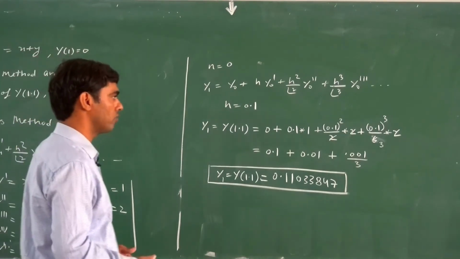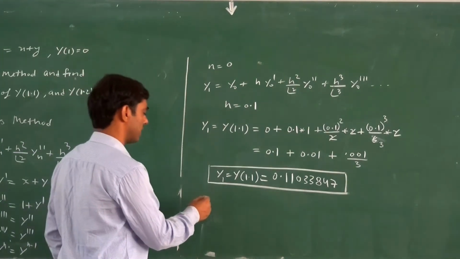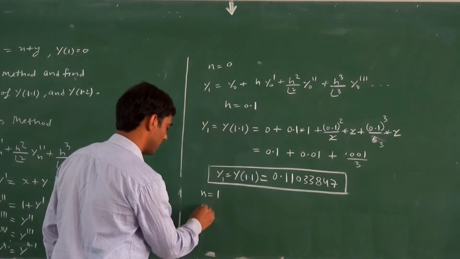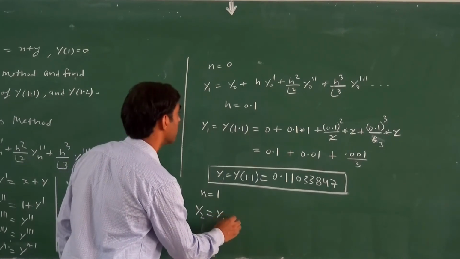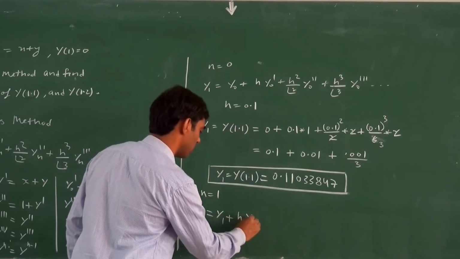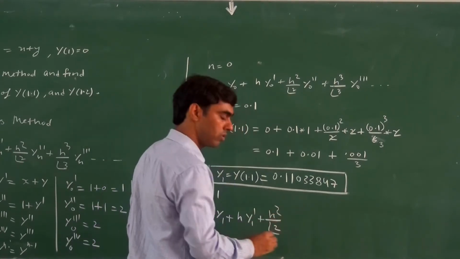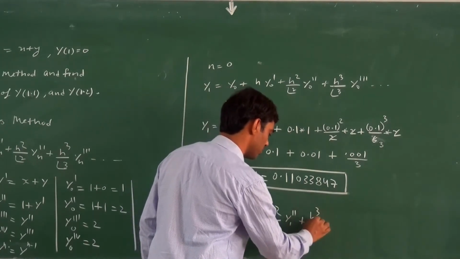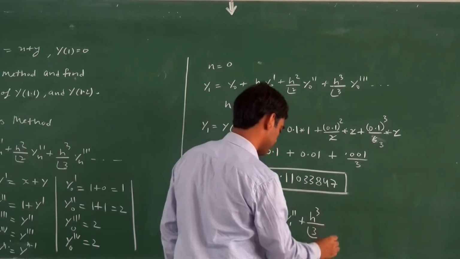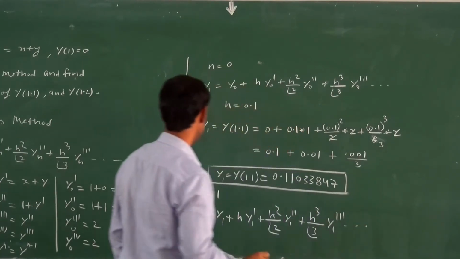Now to find the value of y1.2, we put n equal to 1. Then y2 equal y1 plus h y1 dash plus h square upon factorial 2 y1 double dash plus h cube upon factorial 3 y1 triple dash and so on.